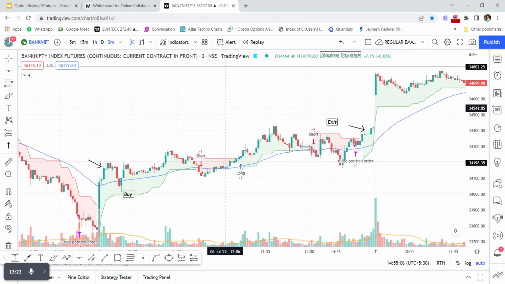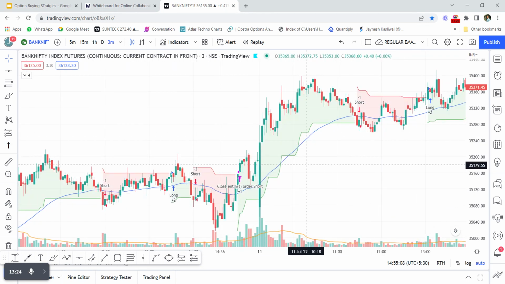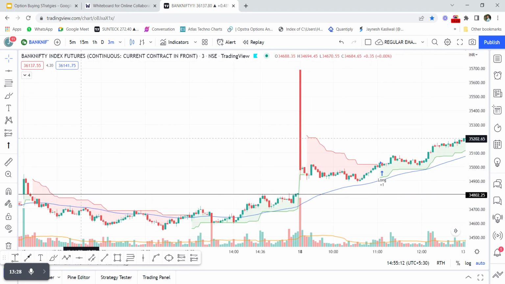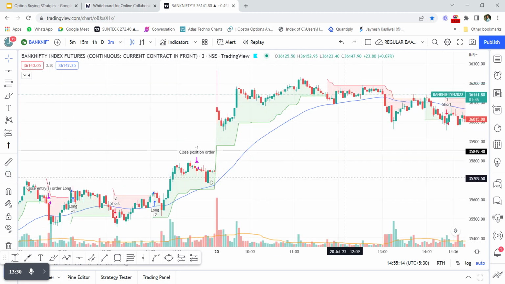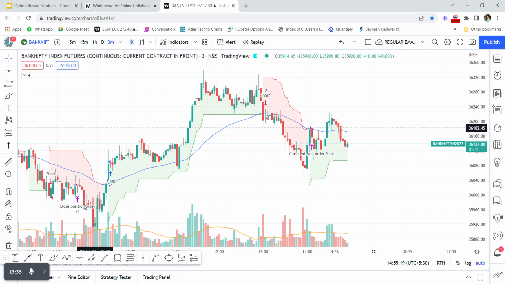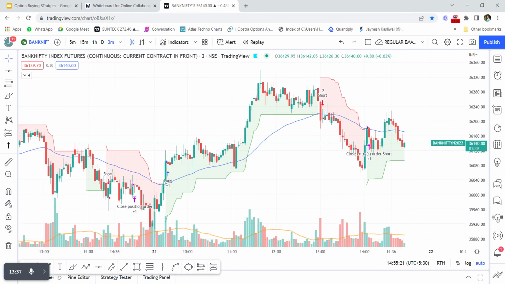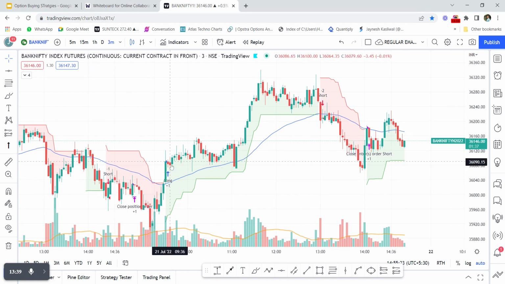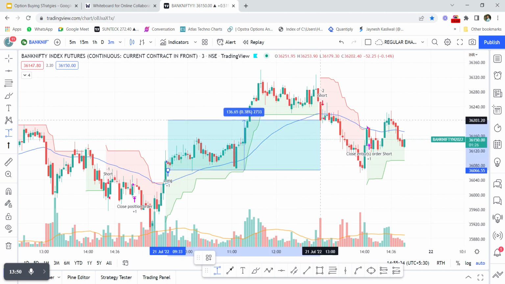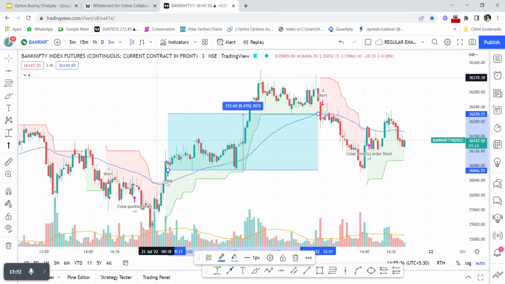Let's check some live examples of today, Thursday, whether we have got any signals or not. Here we see that today is the 21st, and we have got a long sign here at 9:33. Can you see it now? Then after a 150 points move, we have got a short sign.